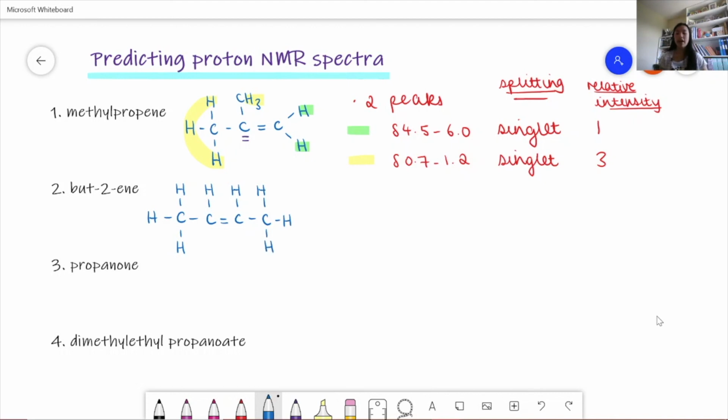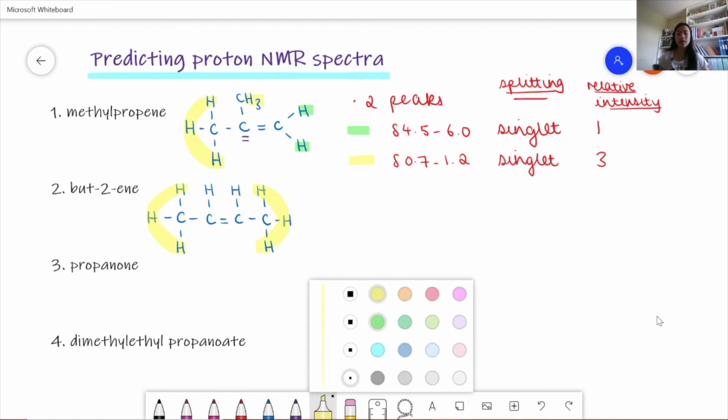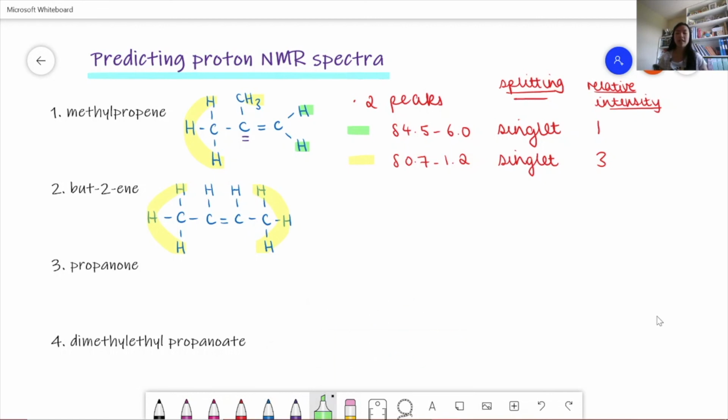And now we look at the hydrogens again and see which ones are in the same environments and which ones are in different environments. So we can see that these 3 are in the same environment as these 3 because it's a symmetrical molecule. And also because it's symmetrical, that means that this hydrogen is in the same environment as this hydrogen. And so again, we get 2 peaks because we have 2 different environments.